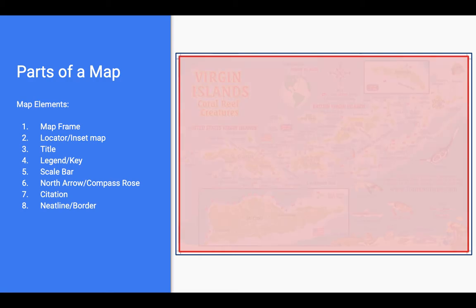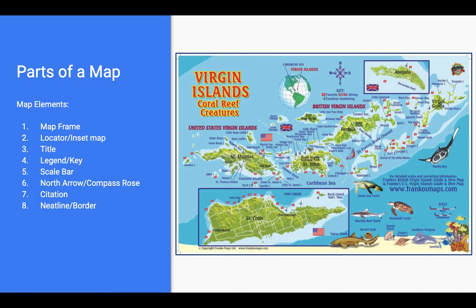Okay, the next element we're going to look at is a locator. Oftentimes maps will have a locator that shows you exactly where this is. So this is obviously a very zoomed in version of a map, and you can see on that it is just that part right there. Now an inset would be this, or the one down here, where something is more specifically zoomed in to show it.